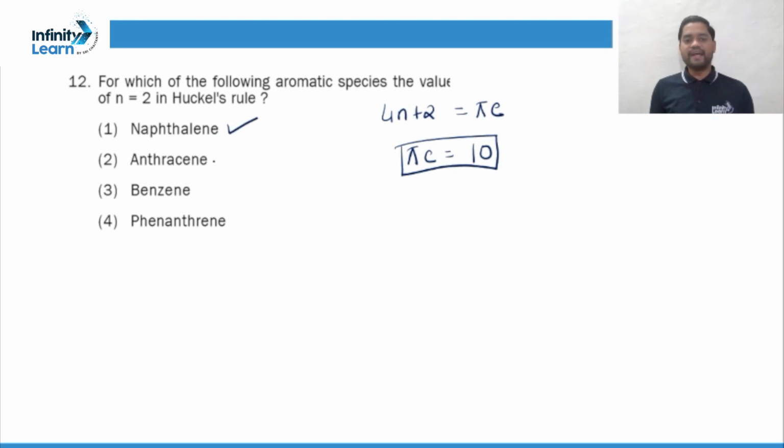Naphthalene. Phenanthrene and anthracene, if I am not mistaken, total 7 pi bonds, that means 14 electrons. Benzene has 3 pi bonds, that means 6 electrons. Naphthalene has 5 pi bonds, that means 10 pi electrons. So hence option number 1 is the right answer.